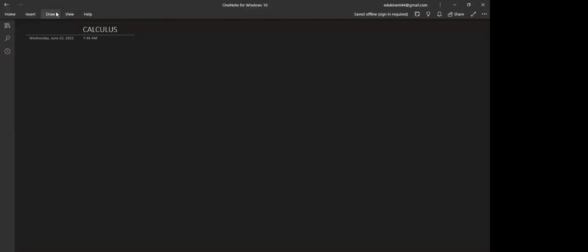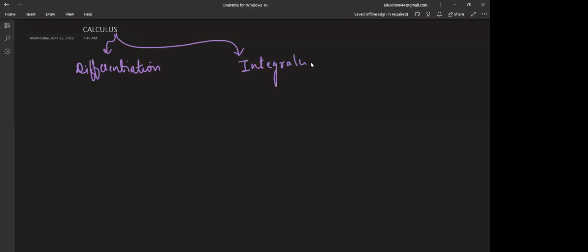Understood? This calculus portion has two topics in it. One is differentiation and the other topic is integration.